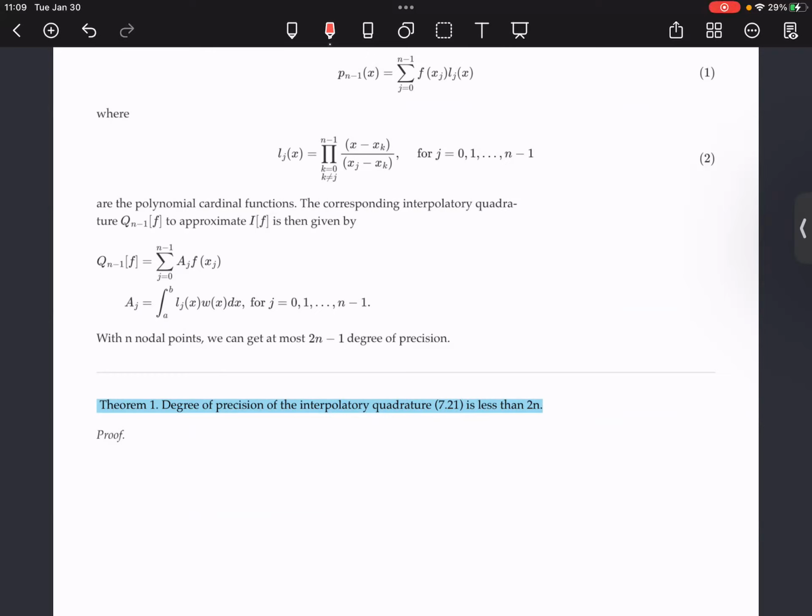If we have n nodal points, we can have at most 2n-1 degree of precision. This is the most precision we can have. Let's prove this. If we have n nodal points, we have x0, x1, x2 to xn-1.